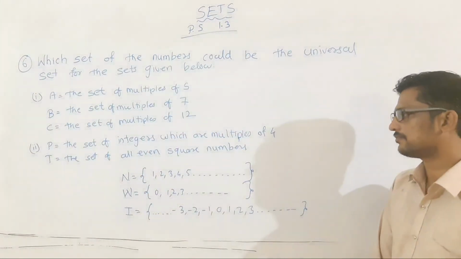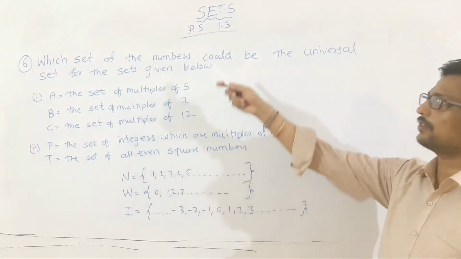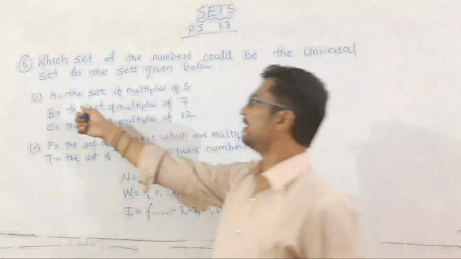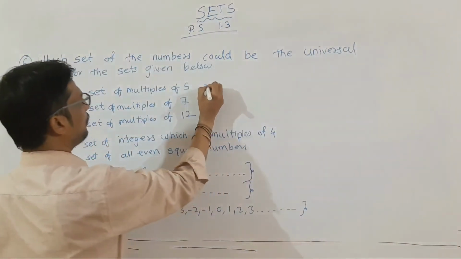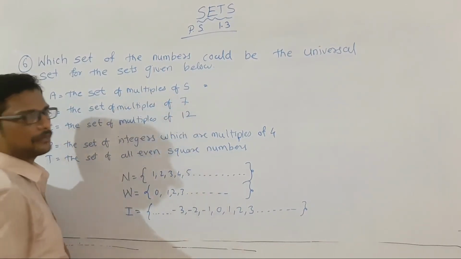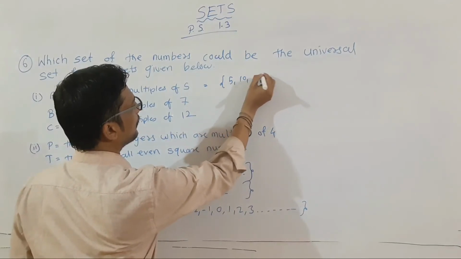Now here, I have to check which set I can use as a universal set. So first, set A is the set of multiples of 5. So it can be 5, 10, 15.